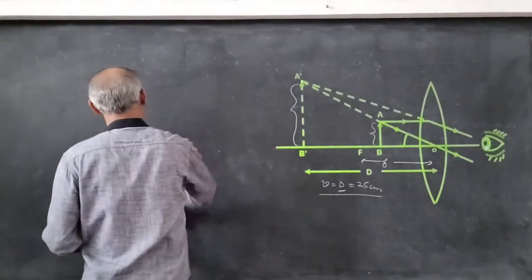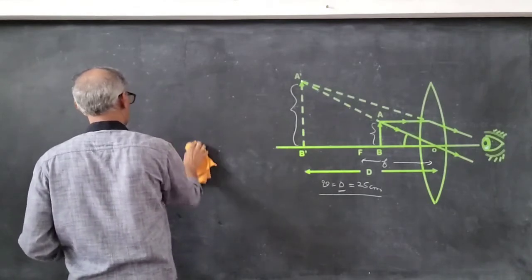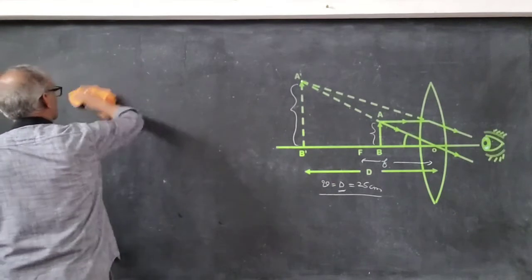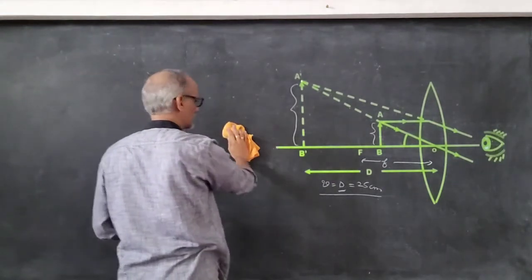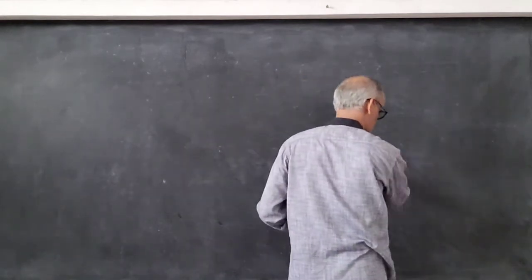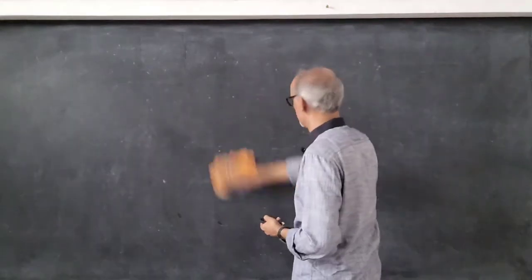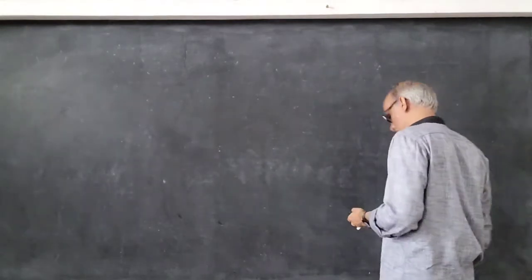Now, to get more magnification, this one single lens is not enough. So we take more lenses, multiple lenses, at least a minimum of 2 lenses. Now what is the advantage of using 2 lenses?